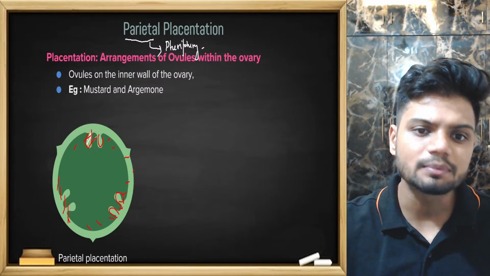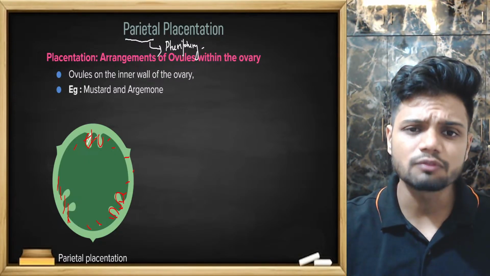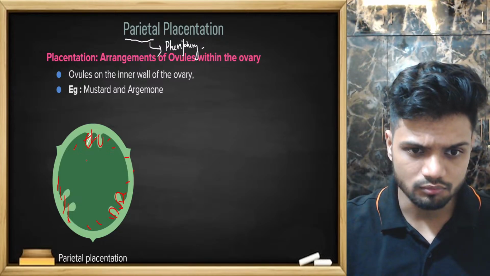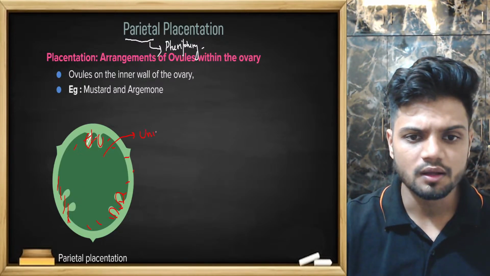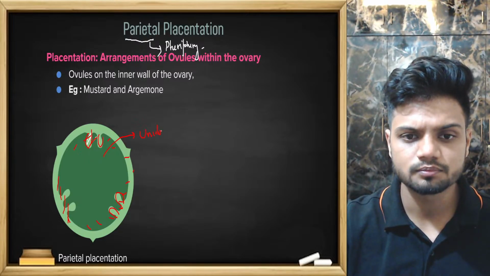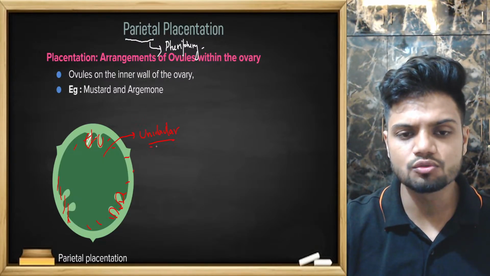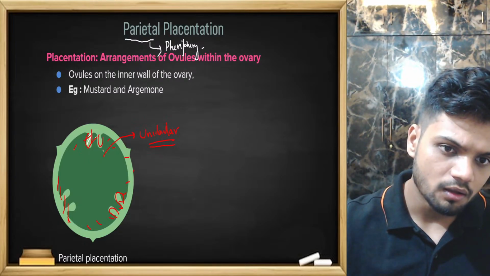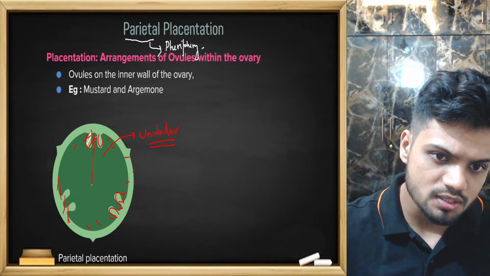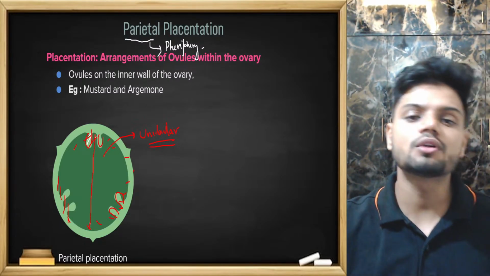Now, do you see any septa formation here? Do you see any locules? There is only a single locule. Right now it is unilocular. But what happens here, students? In the later stages, there is a formation of something called a false septum.